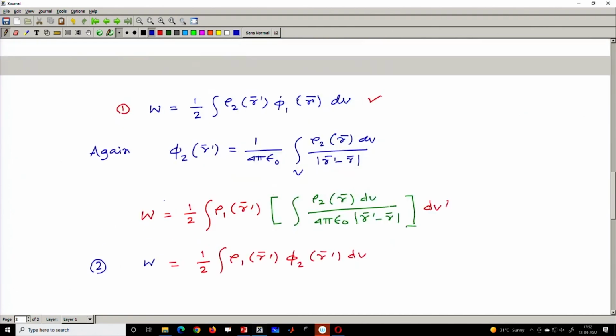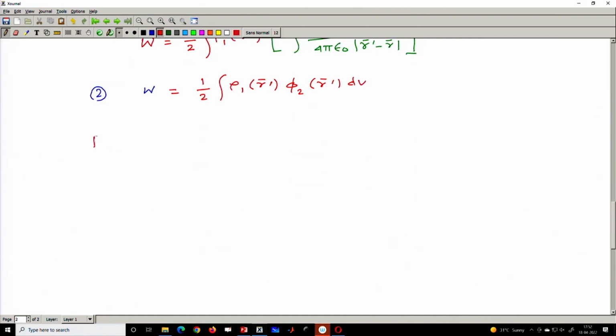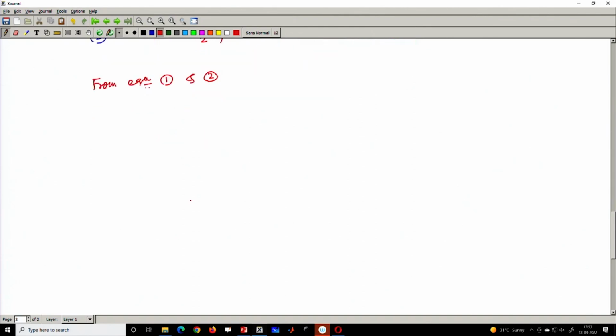So, from 1 and 2 I can write an expression like this. From 1 and 2 we simply get integration of rho 2 r and phi 1 r dV is simply equal to rho 1 r prime phi 2 r prime dV prime.